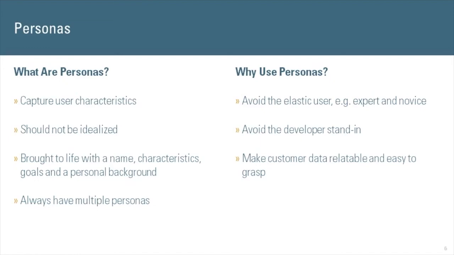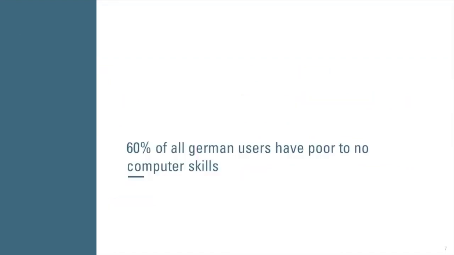Also, most users are probably not as computer savvy as the people that are here in the room. This is an important point. If you take only one thing with you from this entire presentation, this would be it. 60% of all German users have poor to no computer skills.